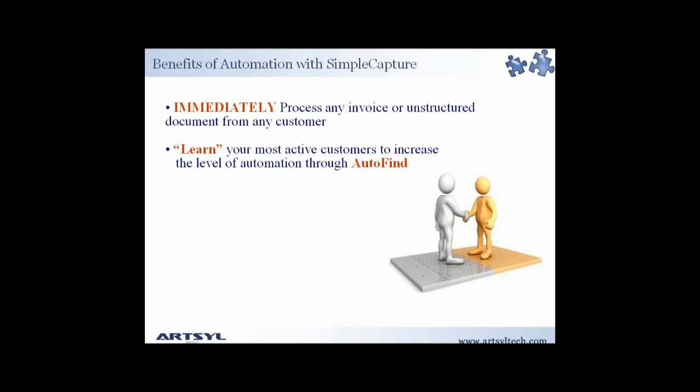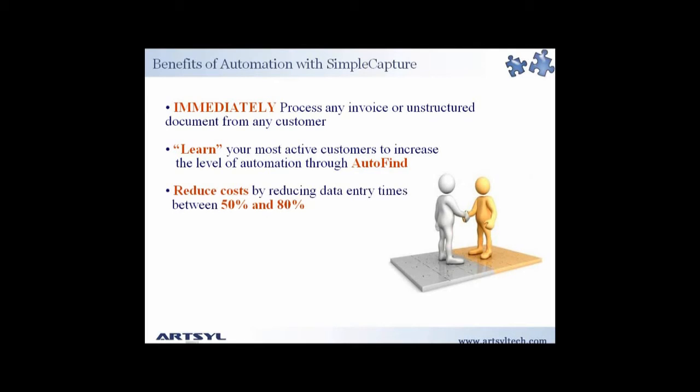And with AutoFind, it learns each vendor individually. So as you see a new vendor, you simply click on those fields. It remembers them. The next time you see an invoice from that vendor, you hit F3, and it'll extract all of the fields that it can locate, dramatically improving data entry time.